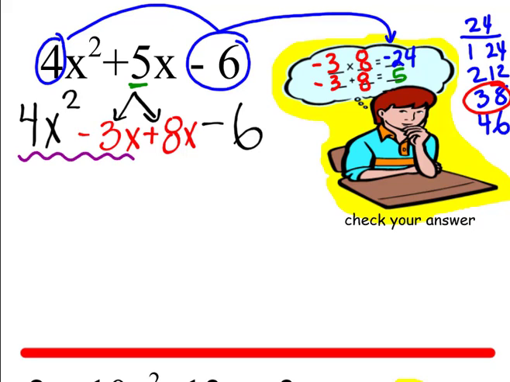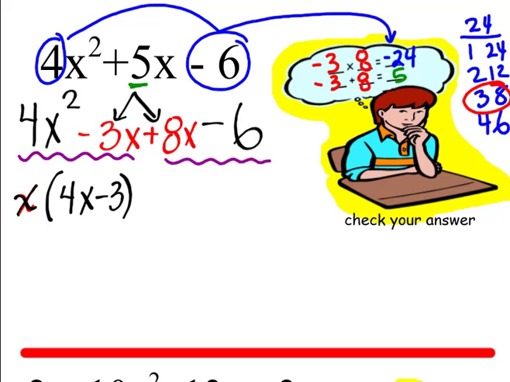here, and I'm going to look at this group of the 2 terms. So I'm going to break it down so I can do a greatest common factor. So I have 4x squared minus 3x. The only thing that is in common to those terms is an x, and I'm left with 4x minus 3.